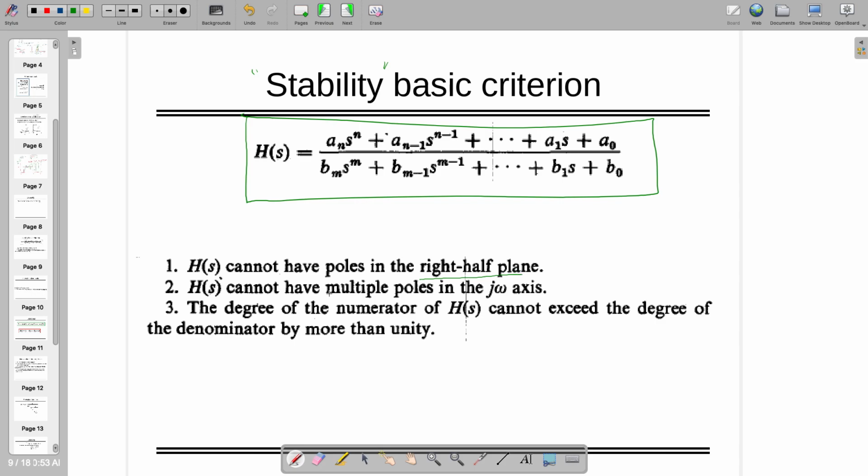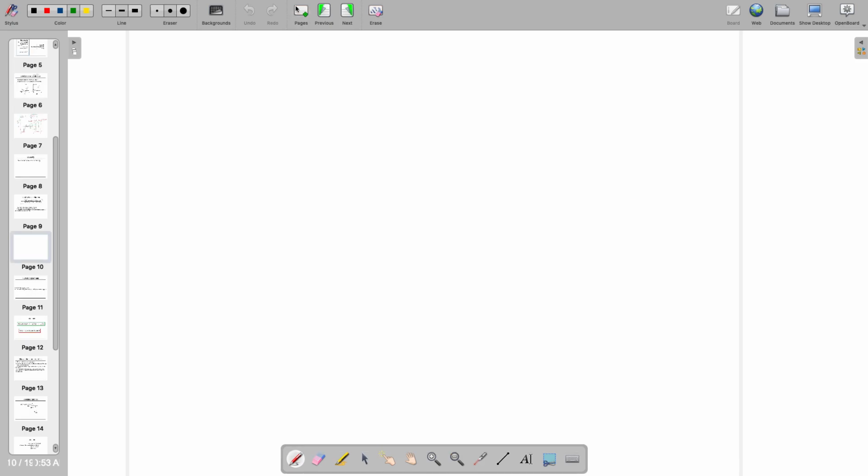H(s) cannot have multiple poles on the j omega axis. When I'm saying this, what I mean to say is, you may have a circuit which is like this, and this is also a filter. Is this system stable or unstable? Can you write down the equation or the transfer function? So what do you think?